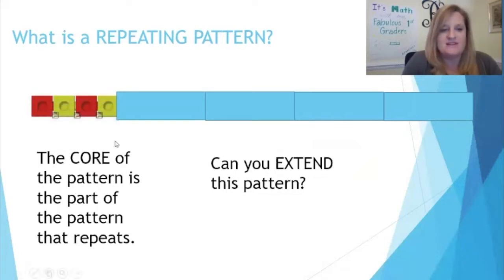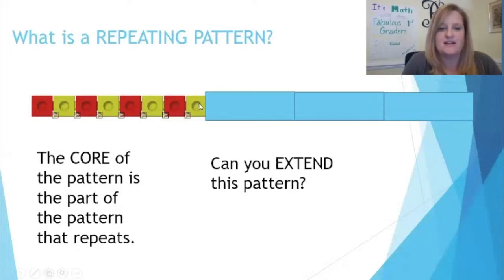Well, this is actually a pattern made with colored Unifix cubes. Say the pattern with me. It's red, yellow, red, yellow. So part of this pattern is going to repeat. The core of the pattern is the part of the pattern that repeats.